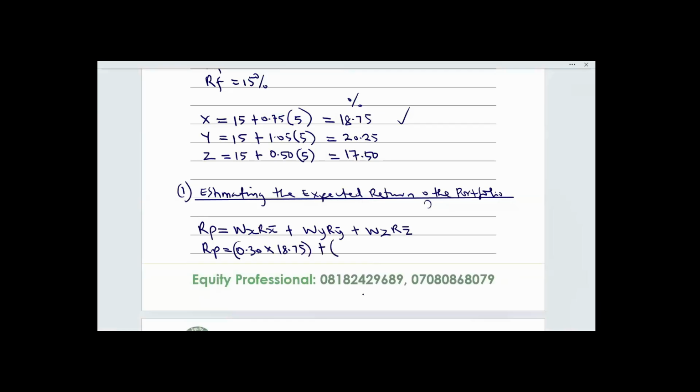Plus, we invested 40% in security Y, multiplied by the expected return on security Y, which is 20.25, plus we're investing 30% in security Z, multiplied by the expected return on security Z, which is 17.5.